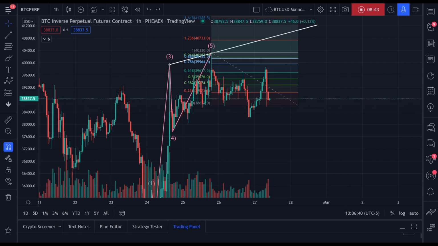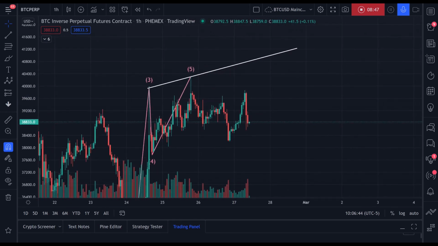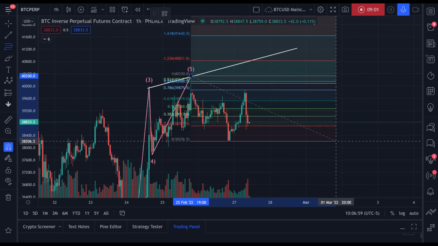The last thing I will say is, when it's all said and done, in all this up and down price action, what do I expect from Bitcoin? Very simply, once again, I'm going to make use of basic Elliott wave theory. I'm going to take the Fibonacci retracement of this entire wave A right here.